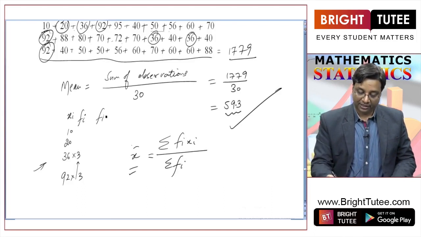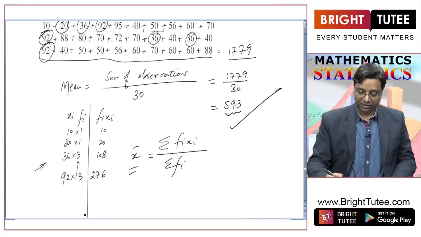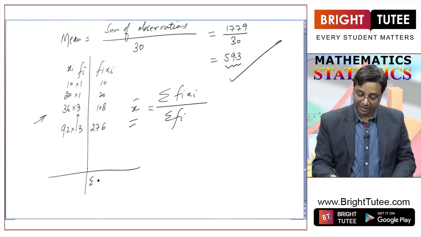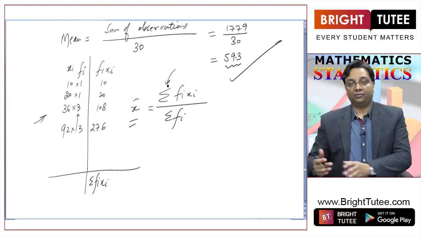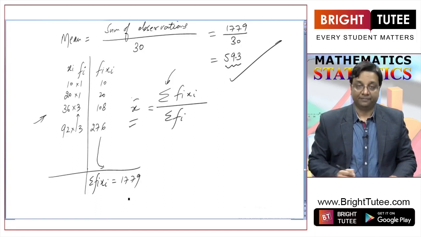Okay, so I'll get Fi Xi here, which is 10, 20, 36 into 3 is 108, 92 into 3 is 276, right? You'll keep on finding these Fi Xi observations. You will add these and find sigma Fi Xi. Sigma is summation, sum of these observations, right? So you will add these and find that sigma Fi Xi will come out to be 1779.